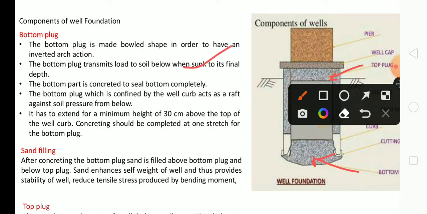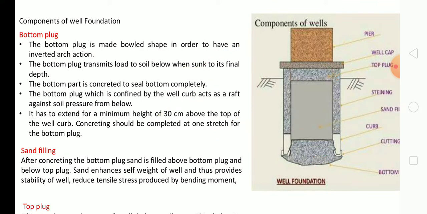The bottom part is connected to seal the bottom completely. The bottom plug, which is confined by the well curve, acts as a raft against soil pressure from below. It extends for a minimum height of 30 cm above the top of the well curve. Concreting should be completed in one stage for the bottom plug. These are the main points we should know about the bottom plug.